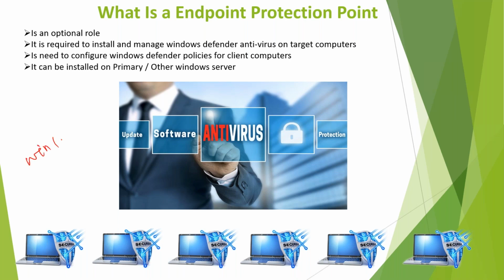Suppose you have Windows 10 or Windows 11, or you have Windows Server 2016 or 2019 or 2022. So by default, you have Windows Defender. In every machine, you will find Windows Defender, right? Windows Defender is what? It is an inbuilt antivirus from Microsoft. Microsoft gives inbuilt antivirus in all Windows 10 and all Windows 11 and all these servers, right?